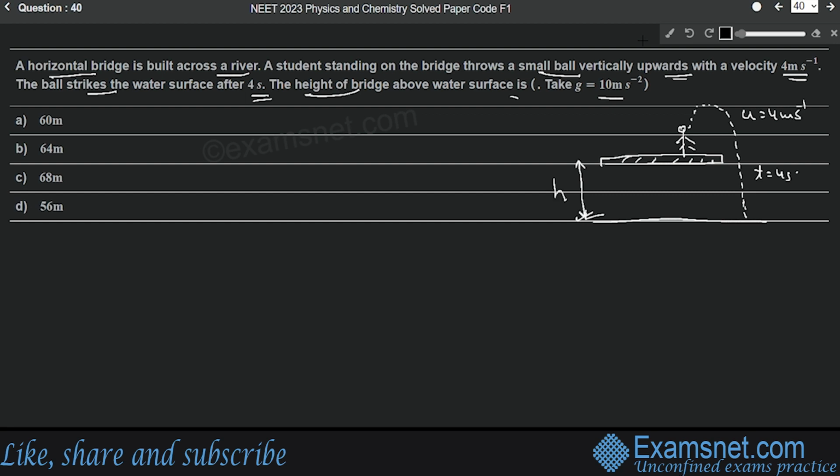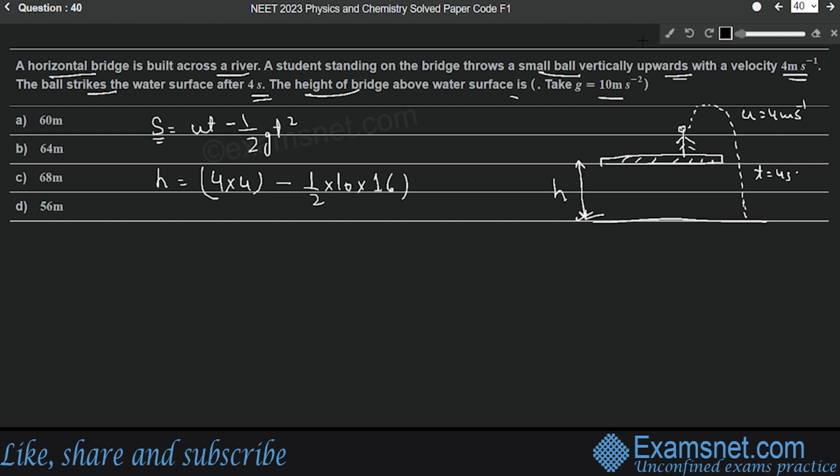Now let's put the formula S equals to ut minus half gt square. So in this case S is nothing but the height. So h equals to ut minus half gt square. u is equal to 4 meter per second, t is equal to 4 seconds, minus half, g is 10 meter per second square, and time is 4 seconds, so the square of time will be 16 seconds.